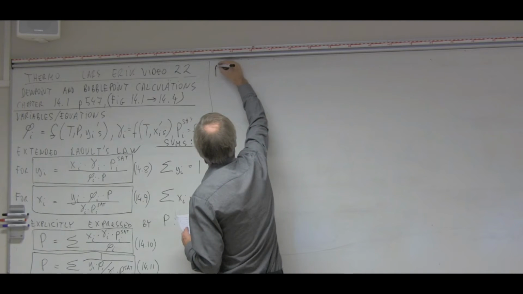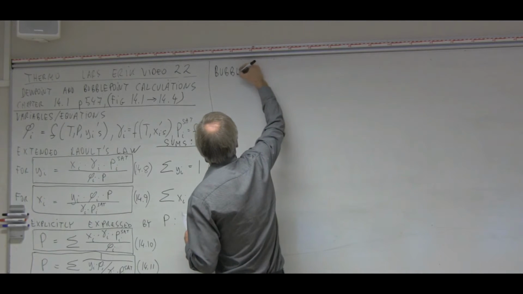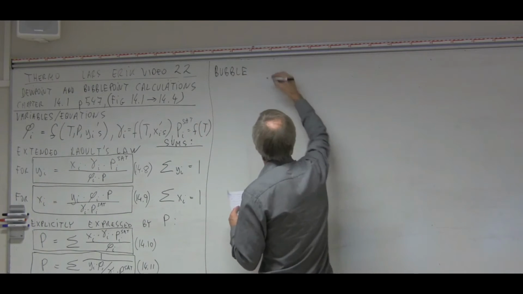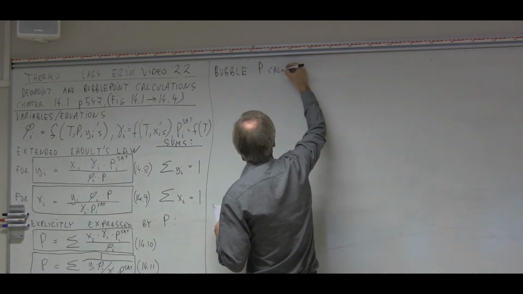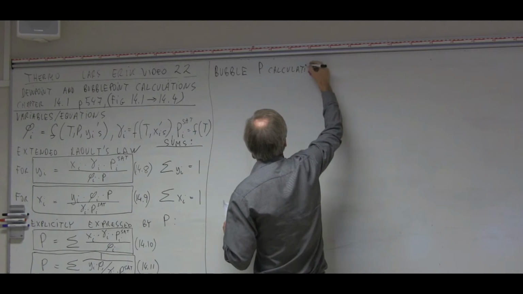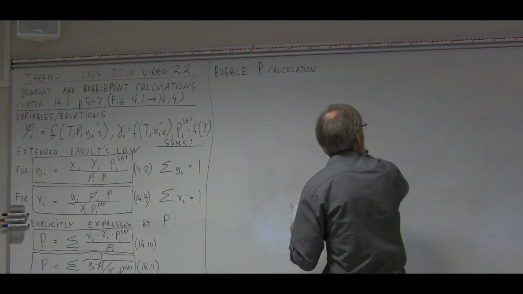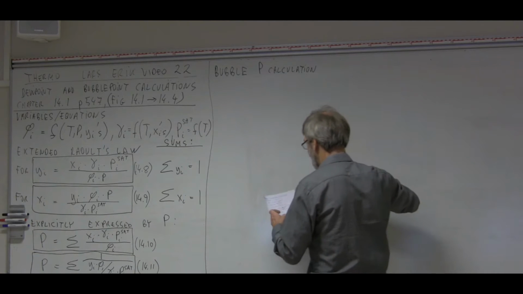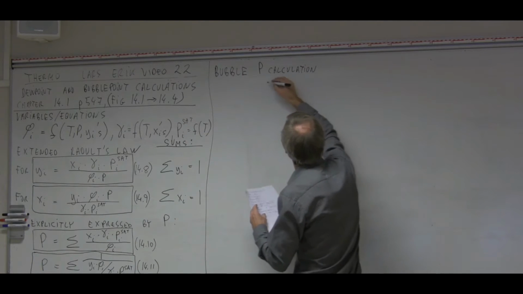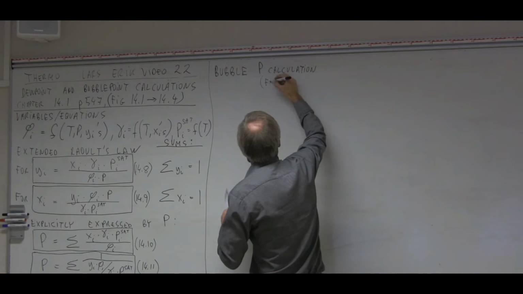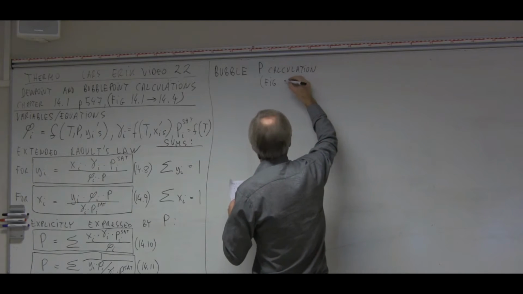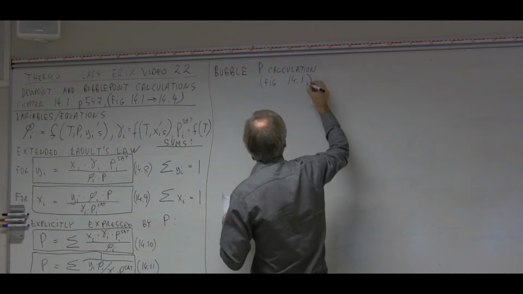And the first one is the bubble P calculation. It is given in figure 14.1.